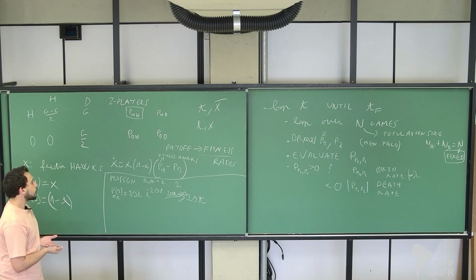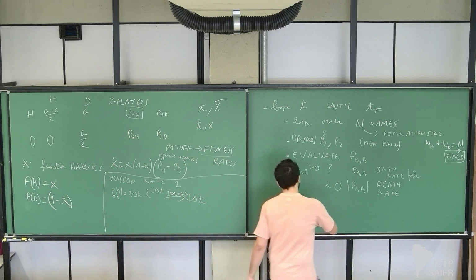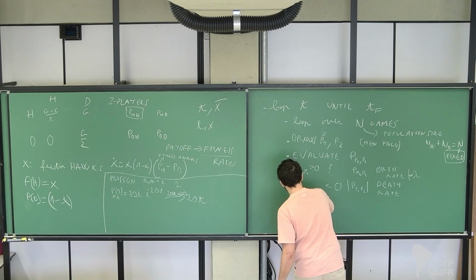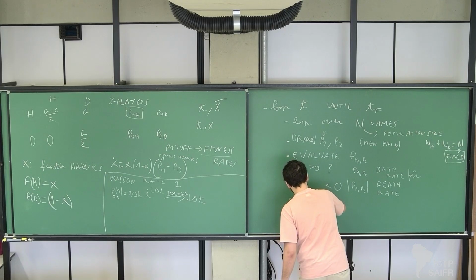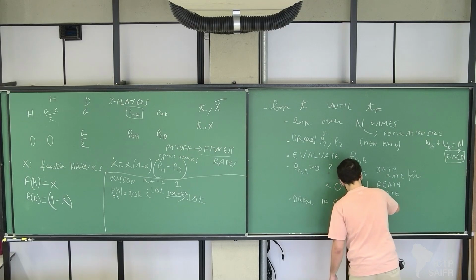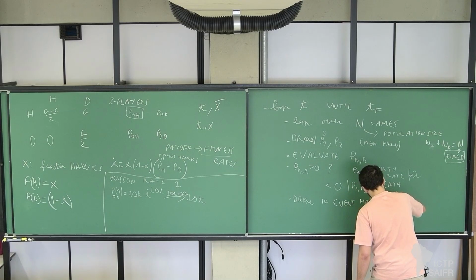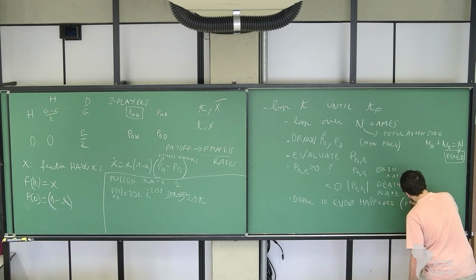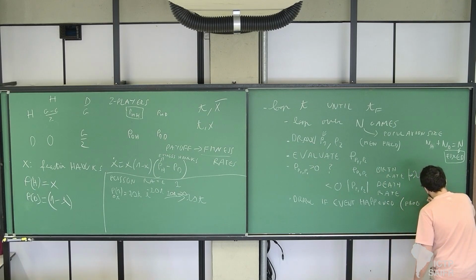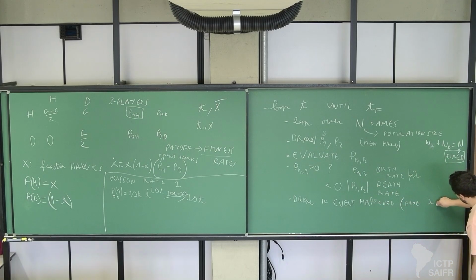So from this, now you need to draw if an event happened with probability lambda, or, well, whatever, P1, P2 delta t.